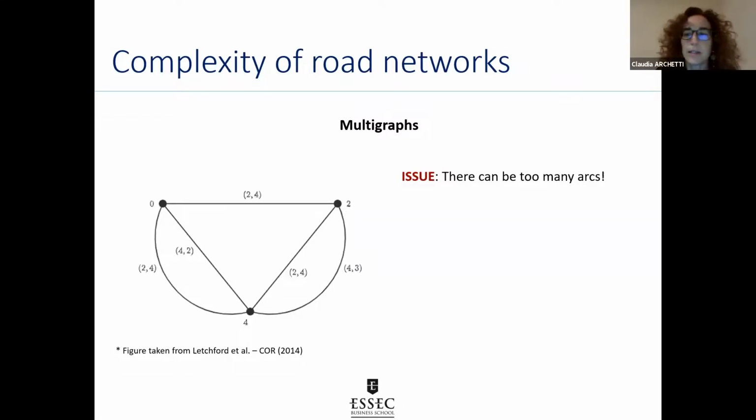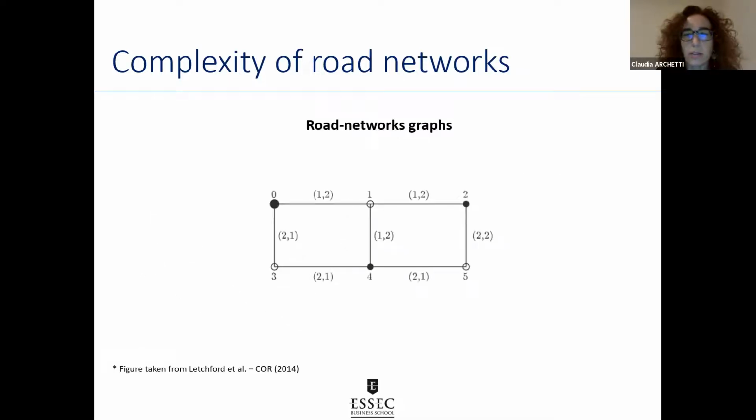But then the more recent literature started to propose graphs that instead provide a representation of road networks. Here is an example of a graph that simulates a small piece of a road network.